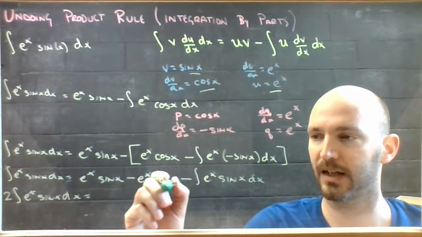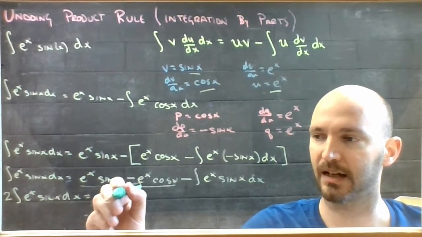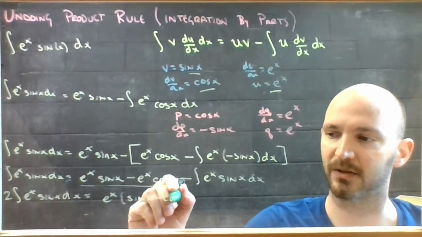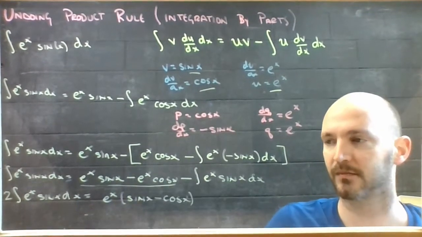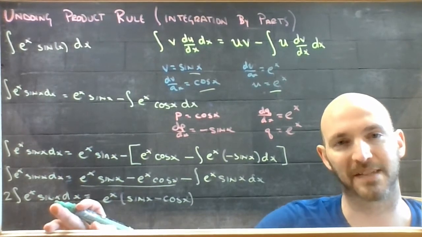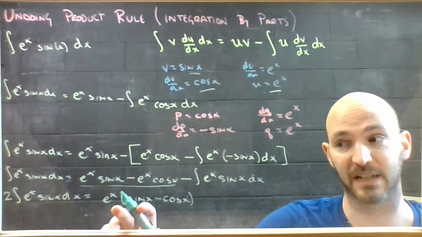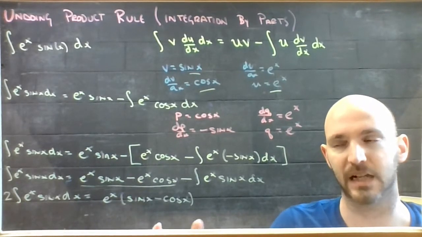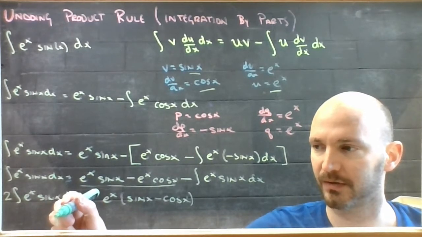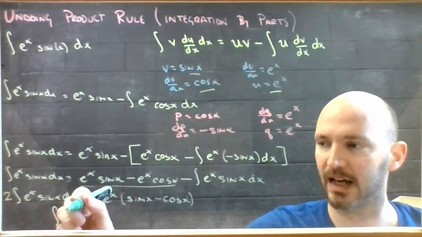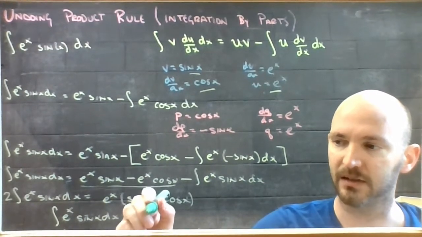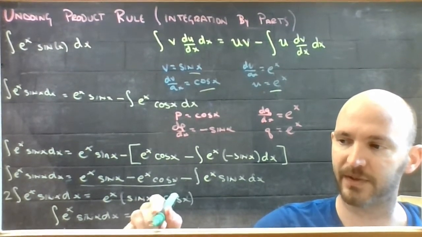And all I've got left are these pieces here, e to the x, and if I factor it out, I get sine x minus cos x. Well, this was the integral I was asked to find, and there are no more integrations left over here. So I'm basically done. I just need to strip this 2 off. So the integral of e to the x sine x then should be 1/2 of this.